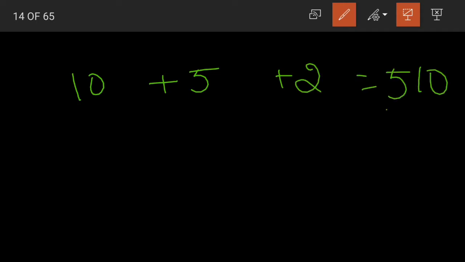If we add all the money she has, the total is 510 rupees. Now we do not know exactly how many 10 rupee notes, 5 rupee notes, or 2 rupee notes she has.